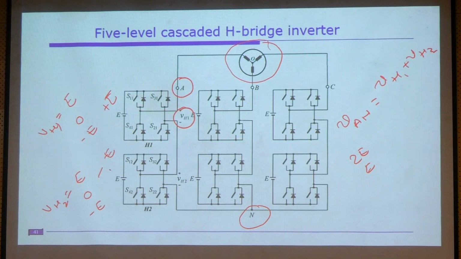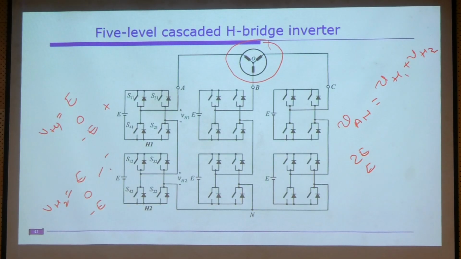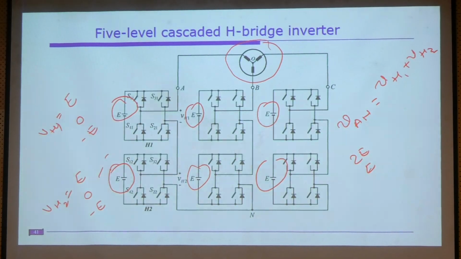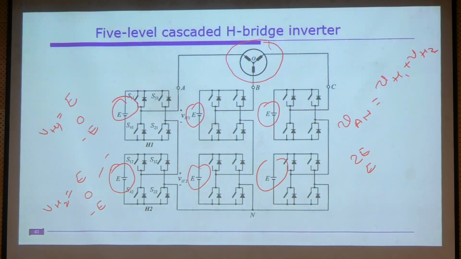Another thing is that, as we discussed, we need to balance these capacitor voltages, these DC source voltages, right? All of them are supposed to deliver an equal amount of power. One should not give excess power and another give less. If all are batteries, we can expect that all maintain the state of charge at the same level.